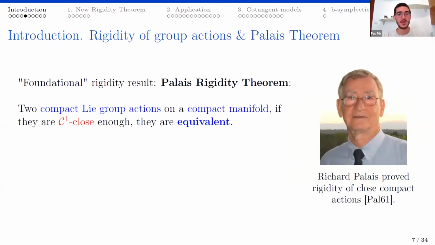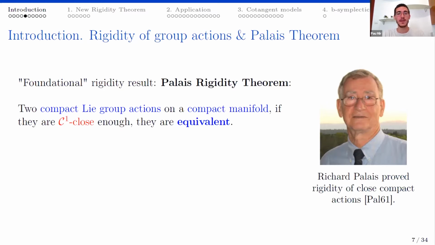The foundational rigidity result on group actions is a theorem by Richard Palais in the 60s, in which he proved that two Lie group actions of a compact Lie group, acting on a compact manifold, if they are C1 close enough, are equivalent. This C1 close means that they are close in the C1 topology, the usual topology of continuity.